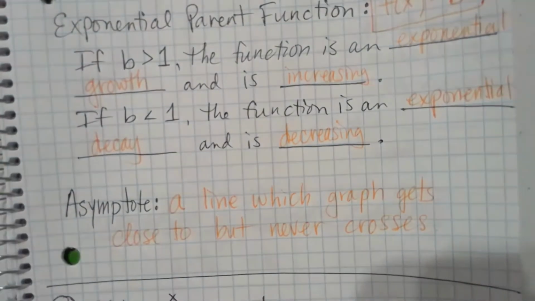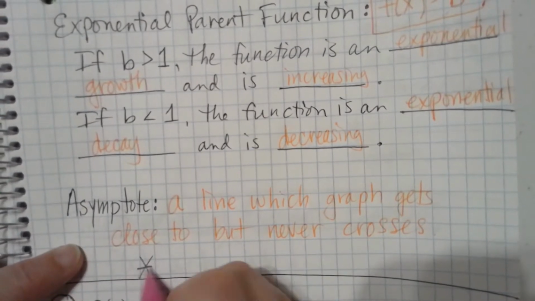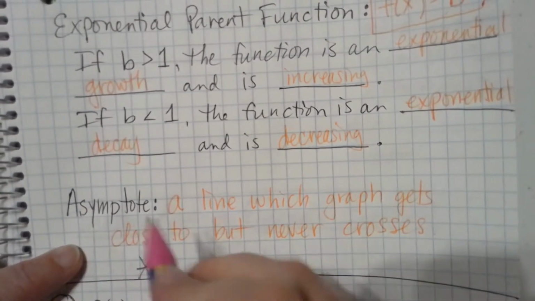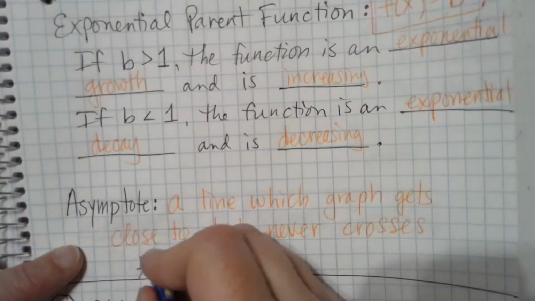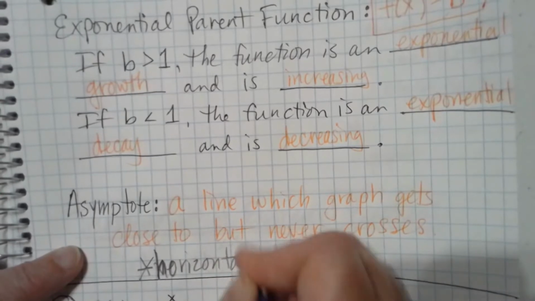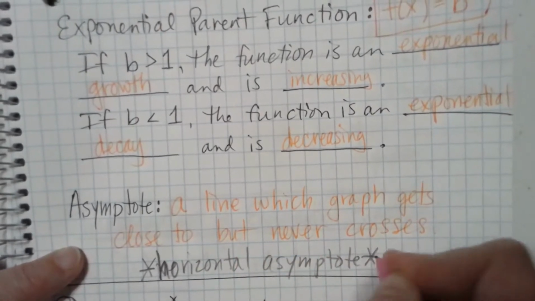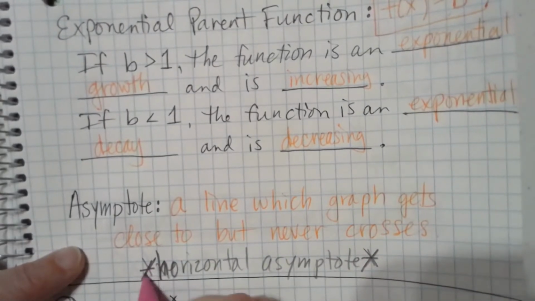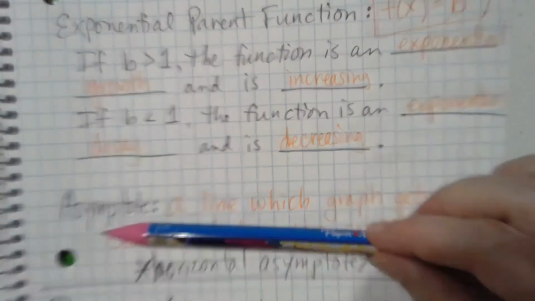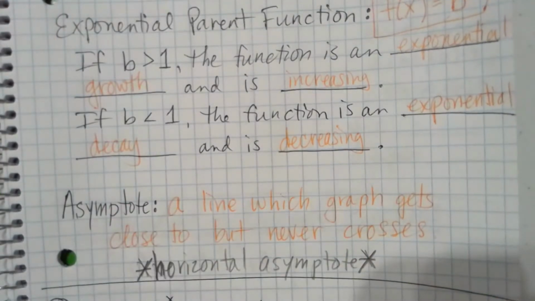And just a side note, in our exponential functions, our asymptotes will always be a horizontal asymptote. For exponential, we will always have a horizontal one, going this direction through y equals something, okay?